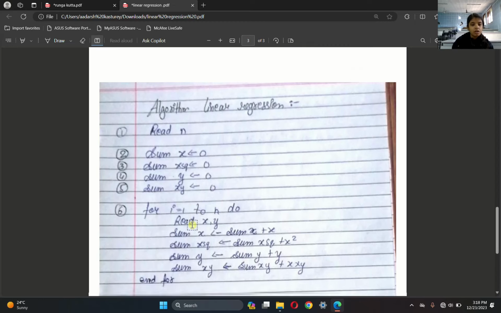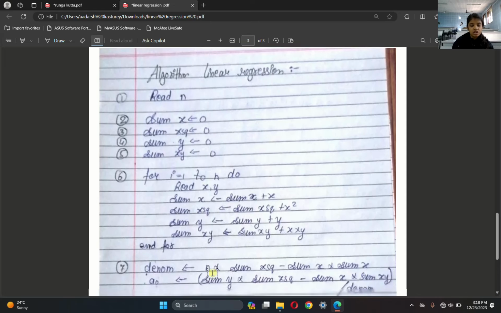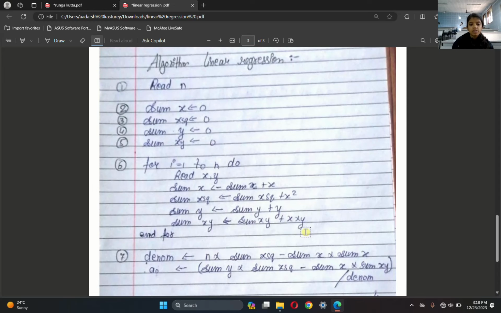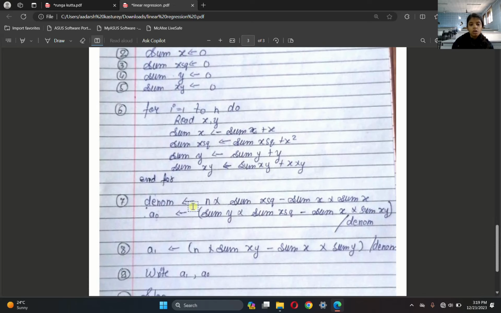Then in step number 6, for i = 1 to n do, we read x, y, then sum x is initialized with sum x plus x, sum x sq with sum x sq plus x square, sum y with sum y plus y, and sum xy with sum xy plus x into y. Then we end for.